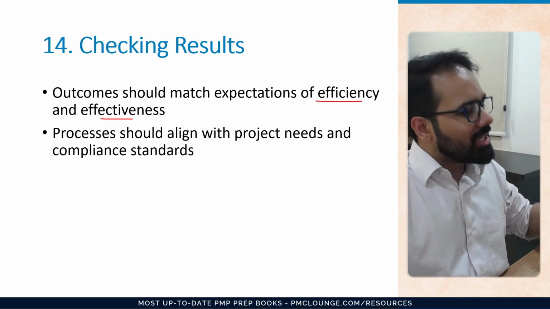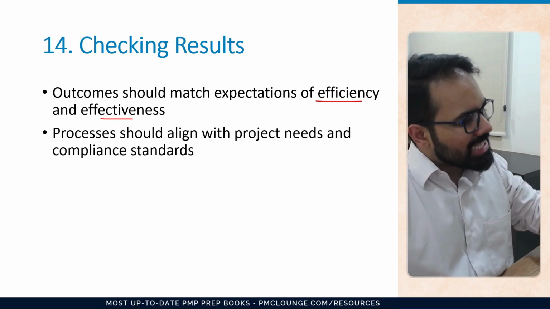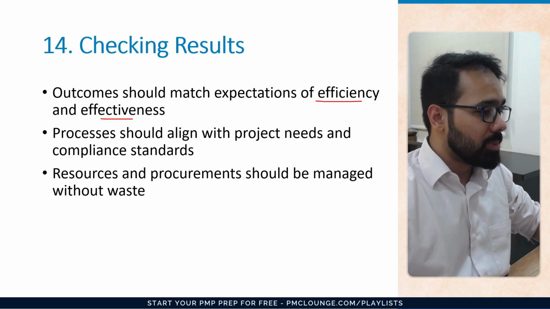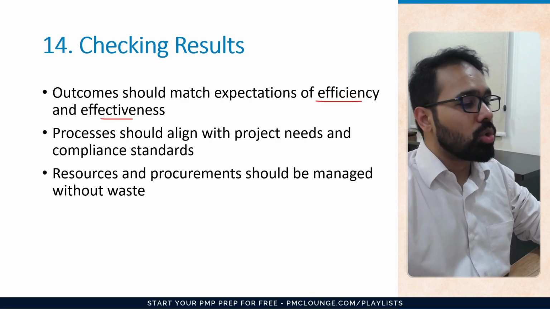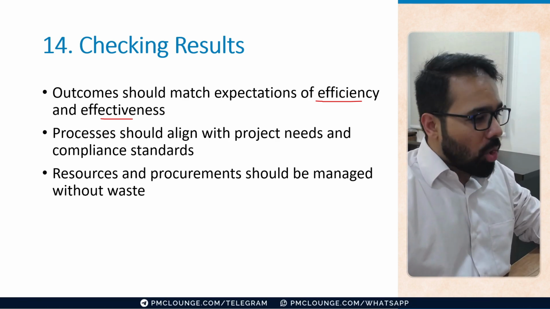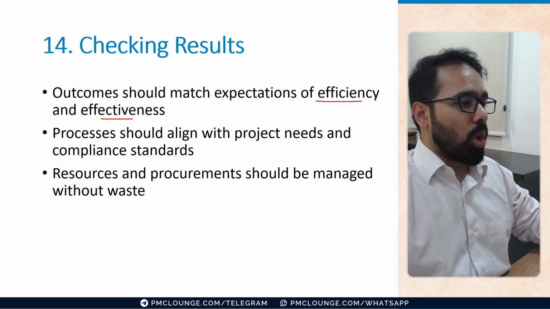As an example, the testing in our e-commerce website should meet both the business requirements as well as any security regulations. Resources and procurements should be managed without waste. That means minimizing delays, controlling the costs, and ensuring vendors deliver as promised.